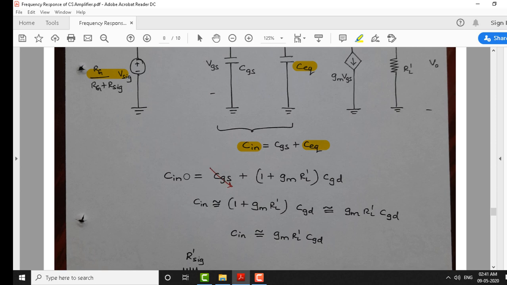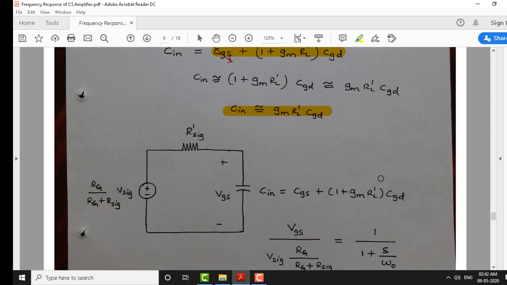In this equation we can approximate, because CGS is going to be a small value, usually in femtofarads, compared to CGD. Here the second term cannot be neglected, because CGD gets multiplied with a large scalar value. However, the first term can be neglected, because this is going to be a very small value. So neglecting the first term and also approximating 1 plus GM times RL dash as simply GM times RL dash, the input capacitance now becomes C in equals GM times RL dash times CGD.